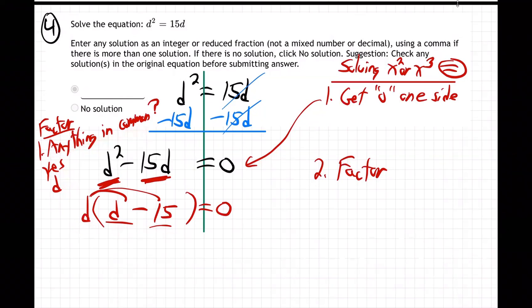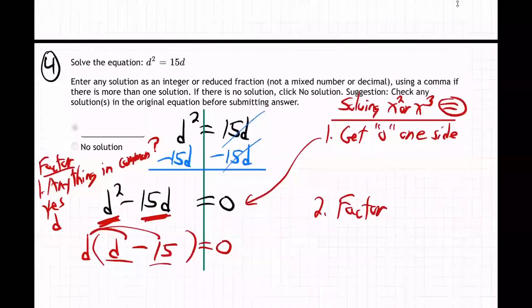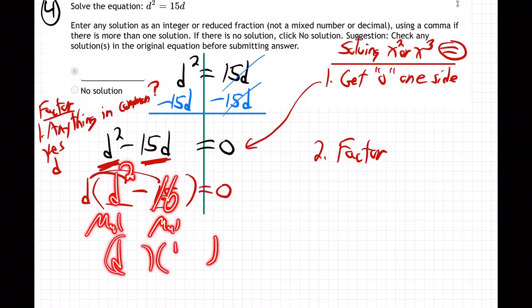Okay, now what? Well, we can't factor any further. Now how do I know that right away? Well, because this is just regular d. If this was like d squared here, and this was like 16, then I would factor further. I would be 2 parentheses, d times d would be d squared, 4 times 4 would be 16.